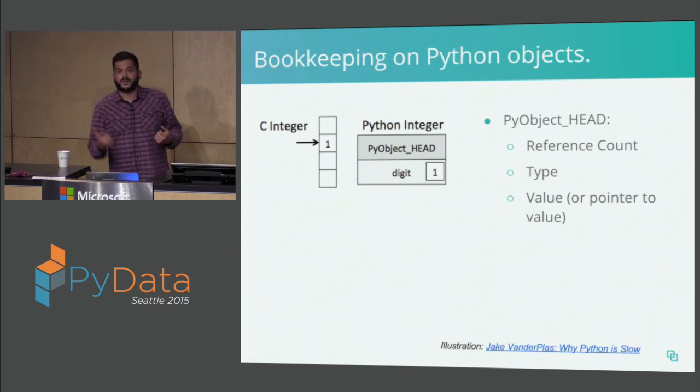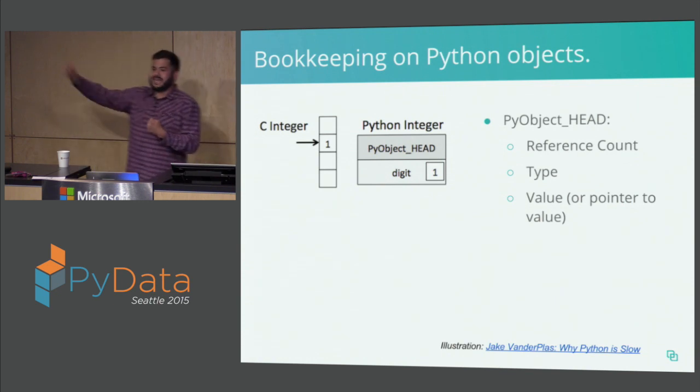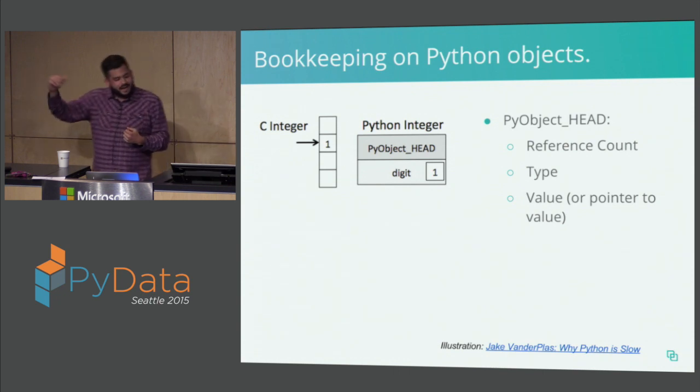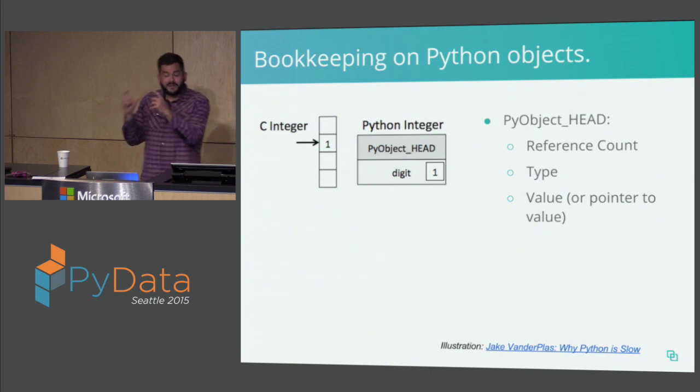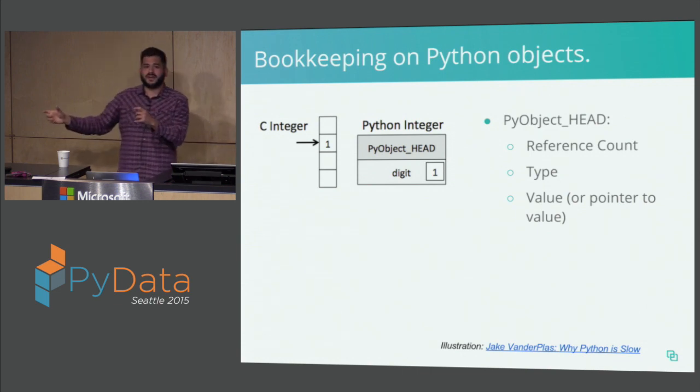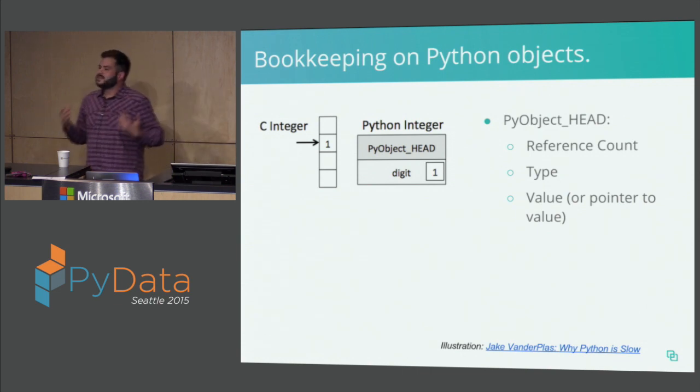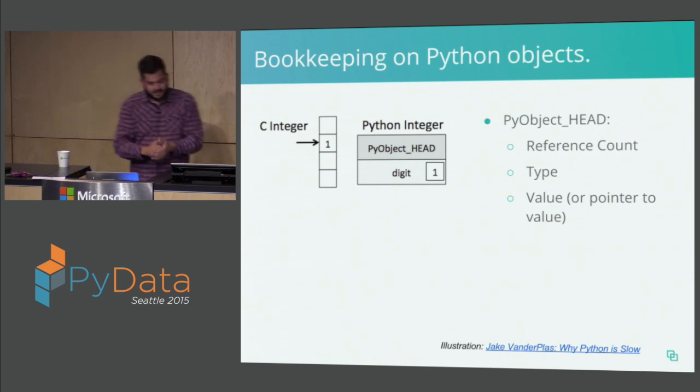So a reference count, which gets incremented every time you say a equals b or stuff like that. The type of the variable, which impacts how lookups happen, and then finally the value itself, or maybe a pointer to the value. So again, if we're thinking about this on the level of hundreds of thousands of Python objects, every one of them has to have this overhead.